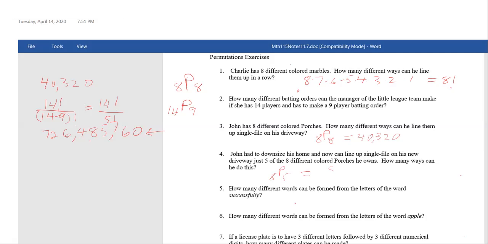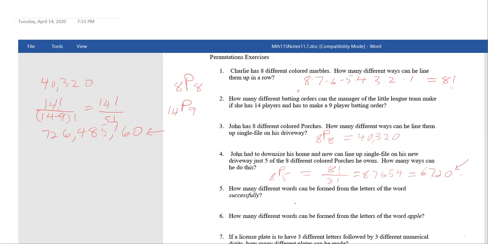And again, you can do this by hand. 8 factorial over 8 minus 5, which is 3 factorial, which is 8, 7, 6, 5, 4, which is 6720. So by losing a little money, downsizing, he has less decisions to make here, less choices.